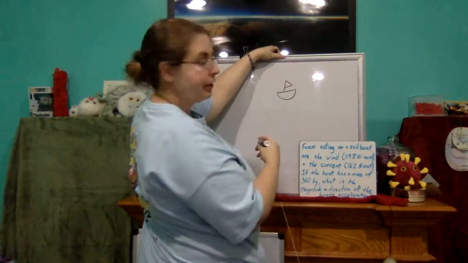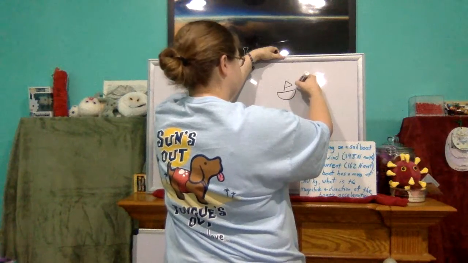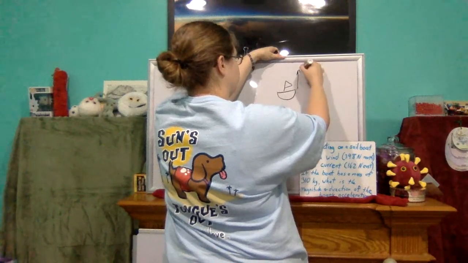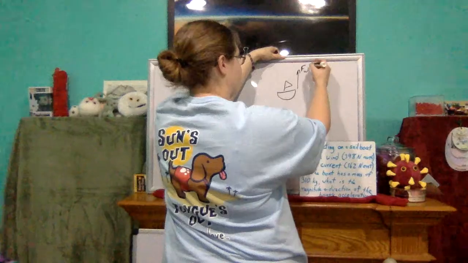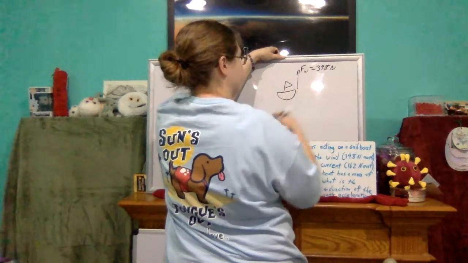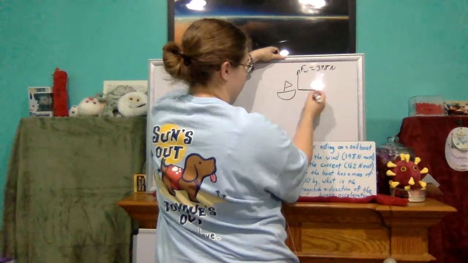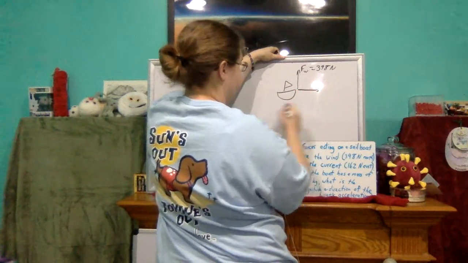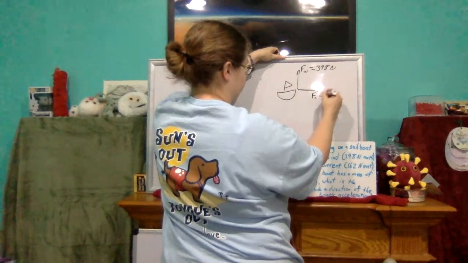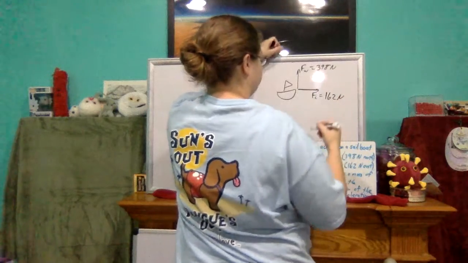So we have a boat. It is experiencing a wind force that is equal to 398 newtons, as well as a current force of 162 newtons.